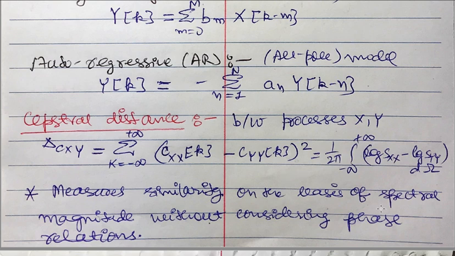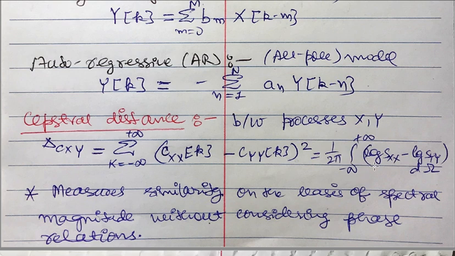In the spectral domain, this is given by the integral of 1 by 2 pi. So 1 by 2 pi is for the discrete angle, we put it to normalize, and then the integral from minus infinity to infinity, d omega. Again, I would like to say that the discrete angle omega is not going to vary from minus infinity to infinity.